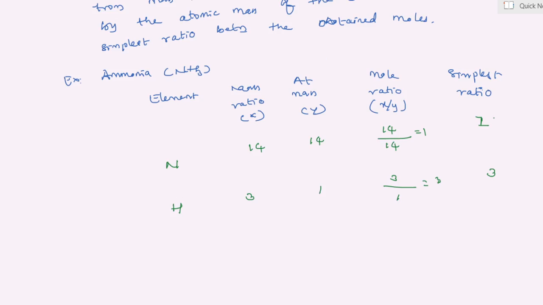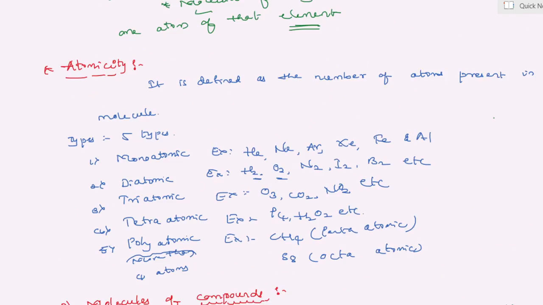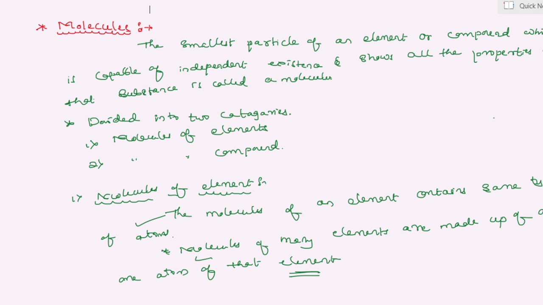Let us see once again what we all discussed. First of all, the definition of molecules. Molecules are termed as the smallest particle of an element or compound which is capable of independent existence and shows all the properties of that substance.